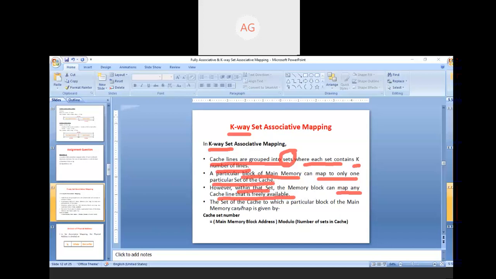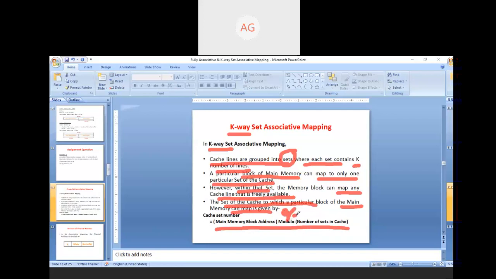The next point is that the set of the cache to which a particular block of main memory can map is given by this formula. Just remember this formula and write it in your copy. The cache set number can be found by main memory block address modulo number of sets in cache.